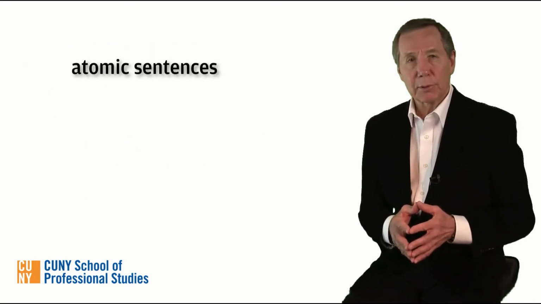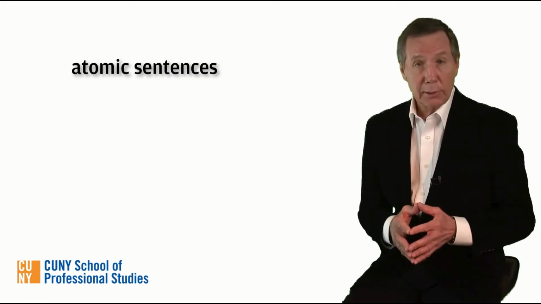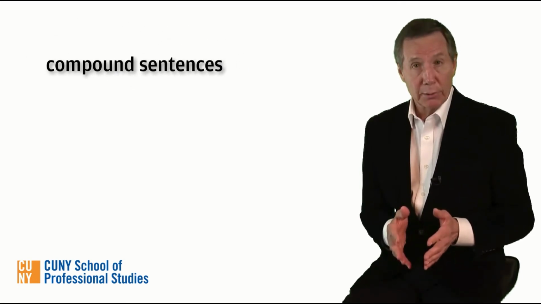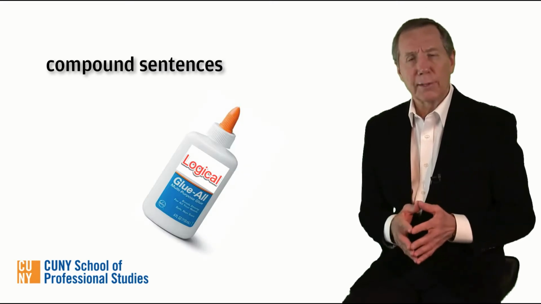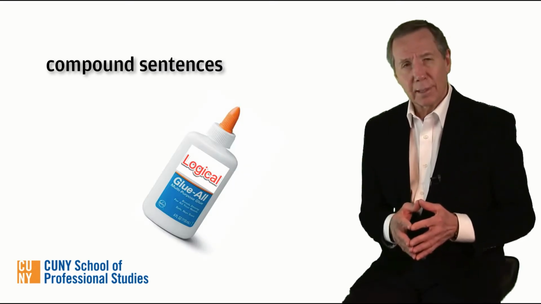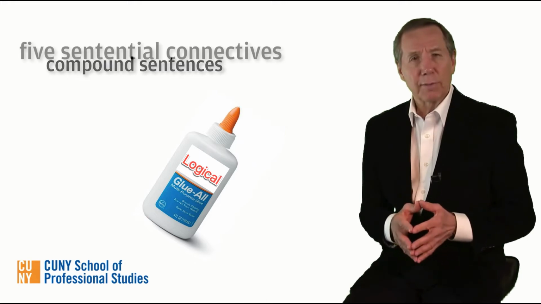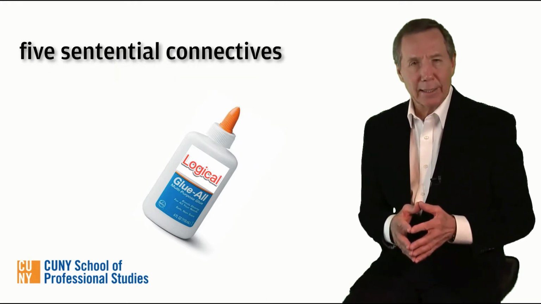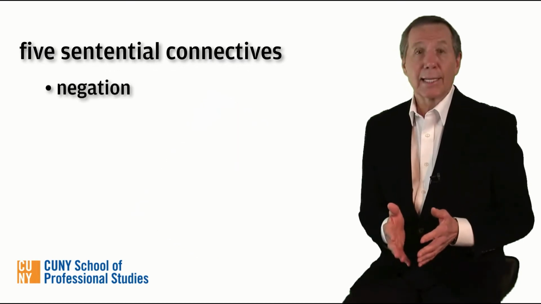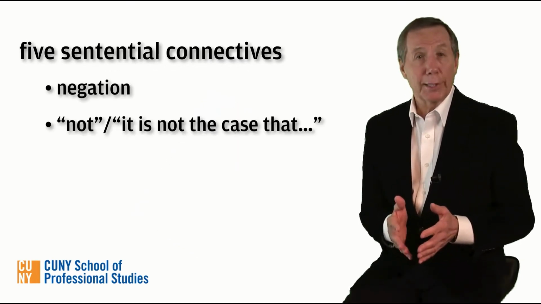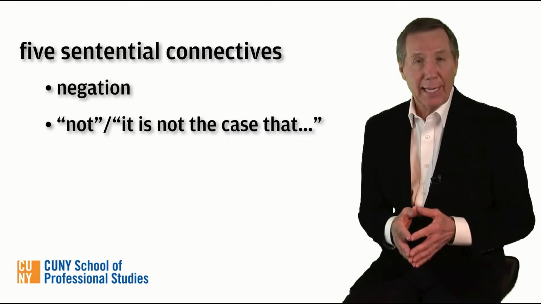Starting with atomic statements, we can create more complex sentences, known as compound sentences, by employing a kind of logical glue in the construction process. This logical glue is composed of unique sentential connectives, of which there are just 5. First, negation, expressed in English by the word not, or the phrase, "It is not the case that."